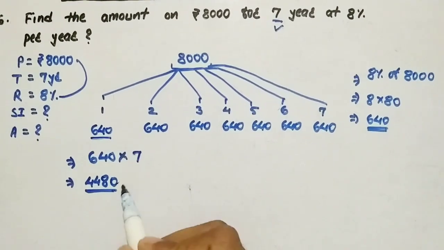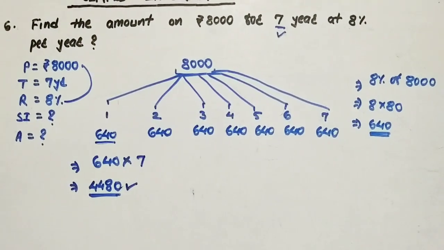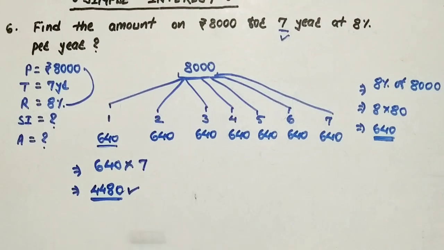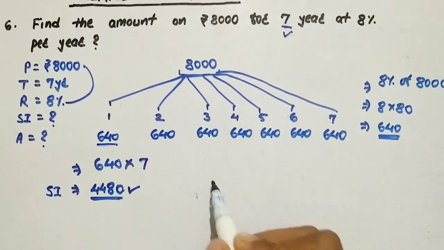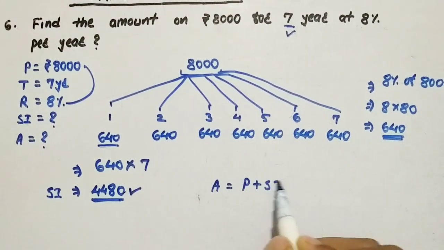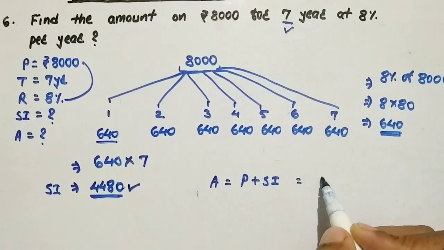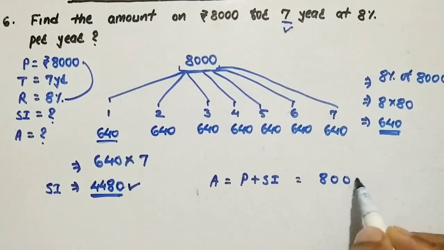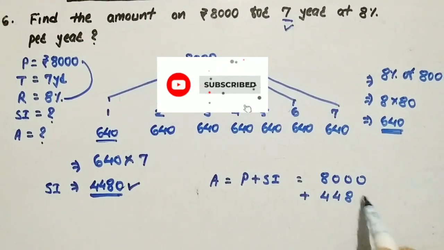So simple interest on rupees 8,000 for 7 years at 8% is equal to 4,480, right? But we have to find out the amount. So amount is equal to principal plus simple interest, right? So principal value is 8,000 and simple interest is 4,480.